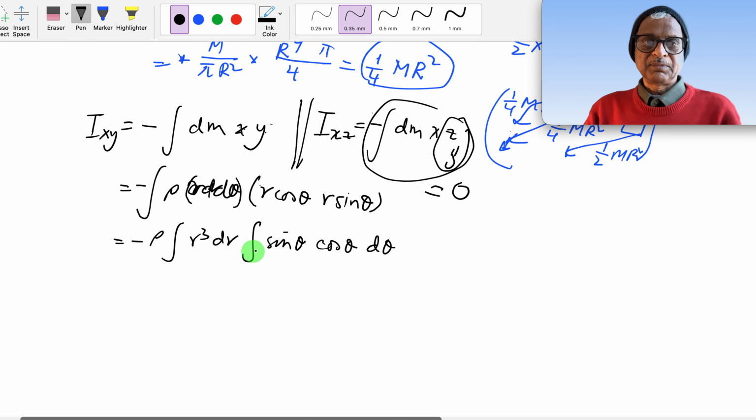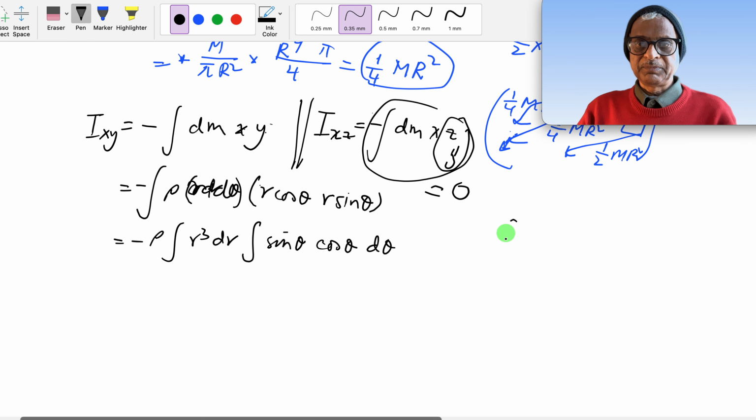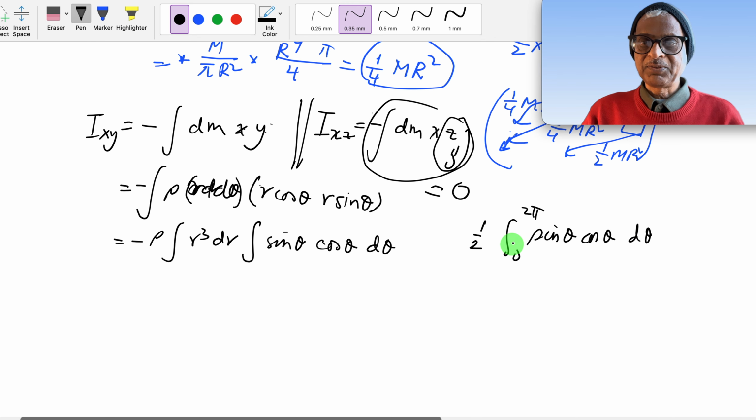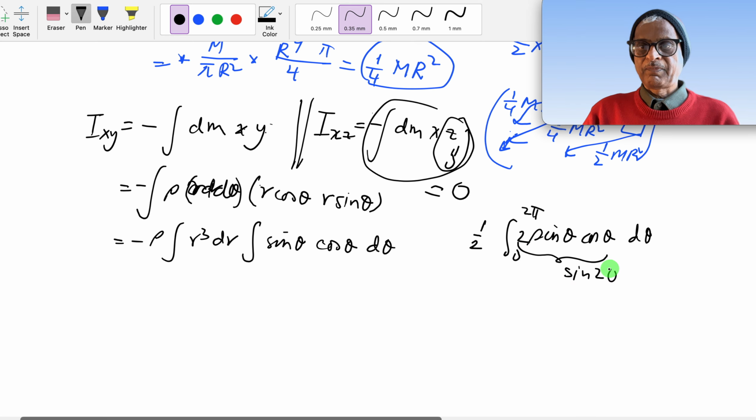Now this is basically integral 0 to 2 pi sine theta cosine theta d theta. Again, I'm going to use the double angle, half, then this whole thing sine 2 theta. So it's a half integral 0 to 2 pi sine 2 theta d theta.